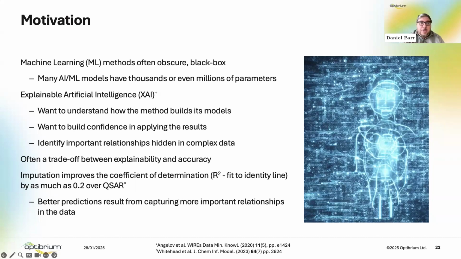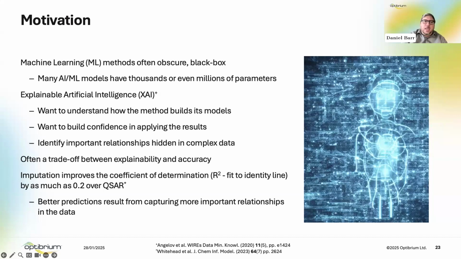And the coefficient of determination can be improved as much as 0.2 for imputation over QSAR methods. And what we think this means is that the better predictions, the more accurate models, are arising from capturing those more important relationships in the data, as Matt was just talking about, and as we'll look at in detail in the next few slides.